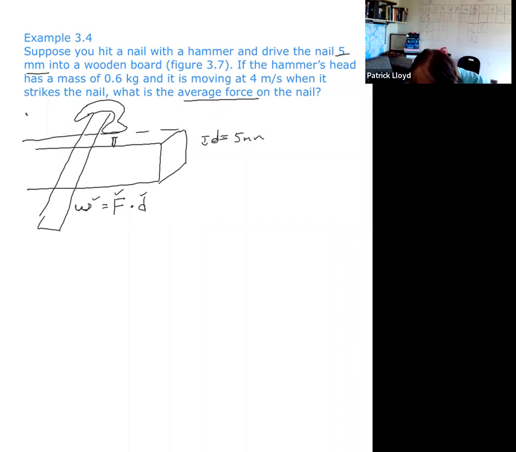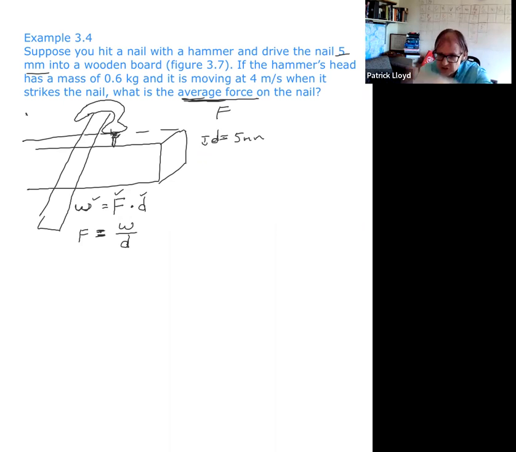If we're trying to find the force, which is what they're asking for, we could divide both sides by D, and that would tell us the force. So all we really need is the amount of work that's done, but we don't know it. So here's what we're going to do. We know that the hammer is transferring energy into the nail when it strikes it. So how much energy does the hammer have when it hits the nail?